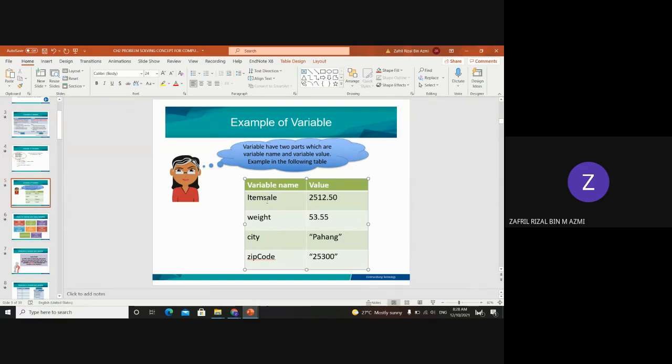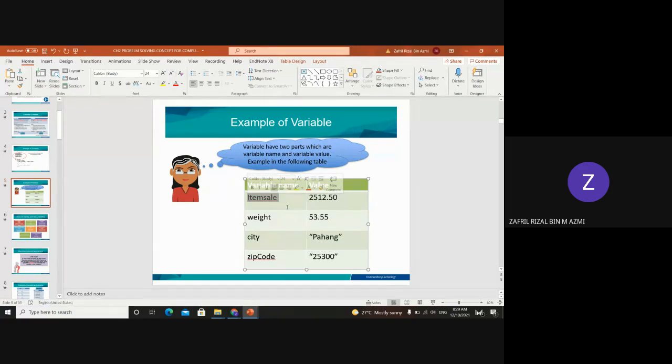Is this one correct or wrong, class? Guess first. Right, correct. Since there is no mathematical operator, no space, and the name is understandable, item sale. When people read this, they will know this is a variable to store the value for item sale.